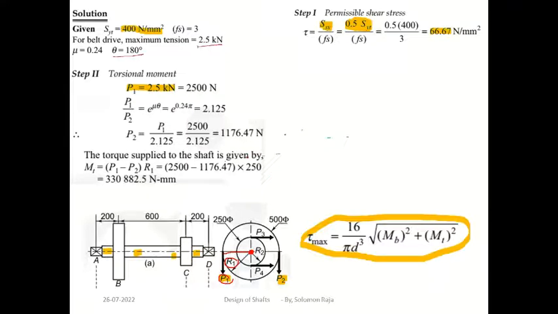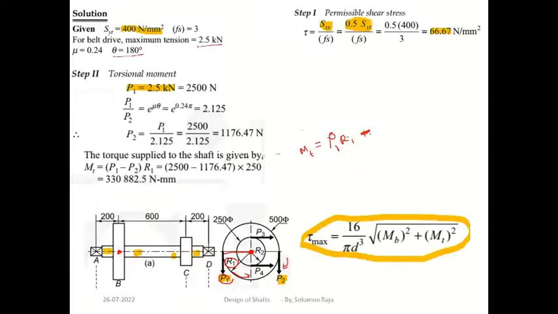Suppose you take moment about this center. The momental torque about the center, MT, equals P1 R1 minus P2 R1, because P1 is acting counterclockwise and P2 is acting clockwise.